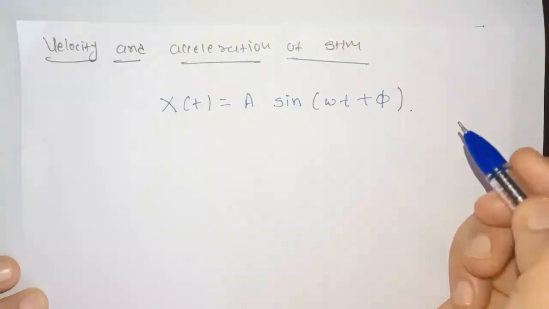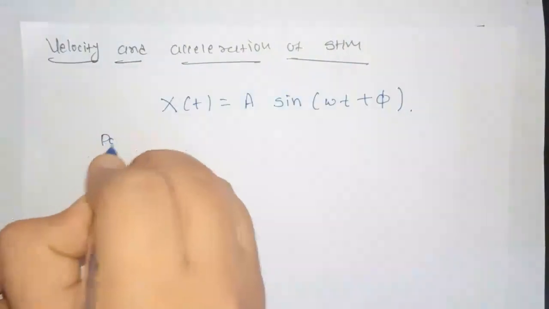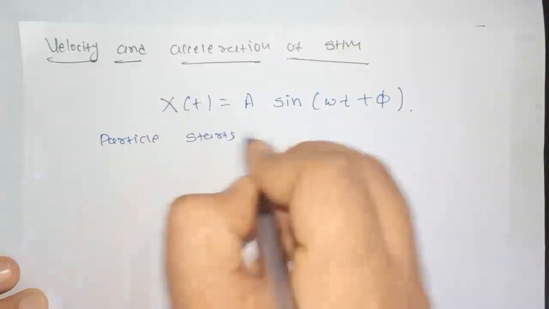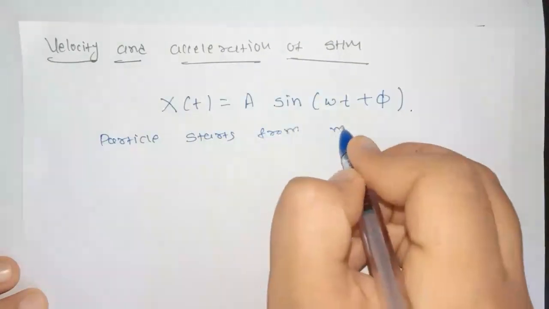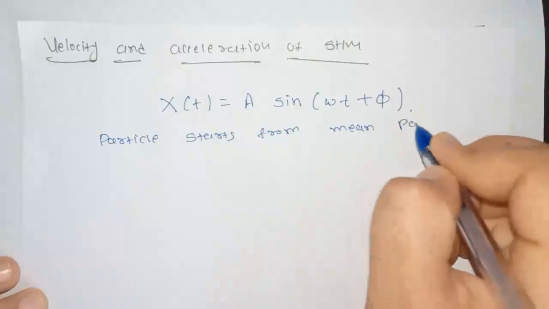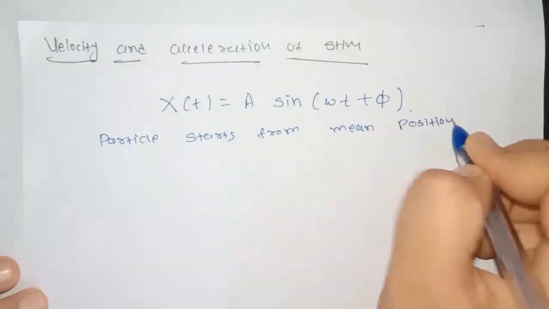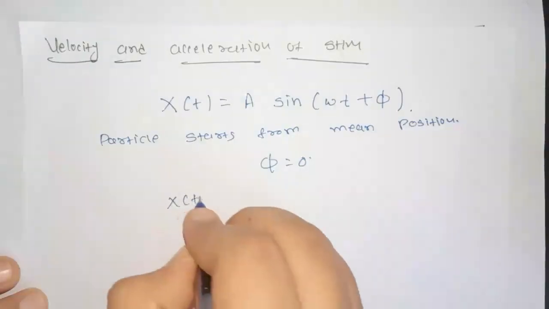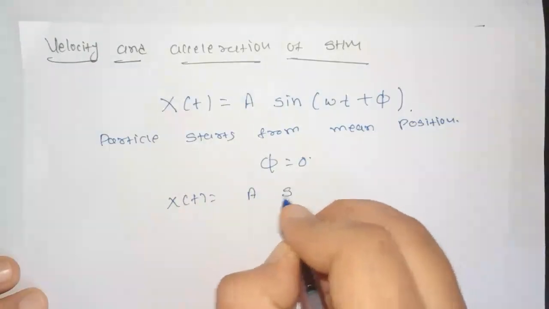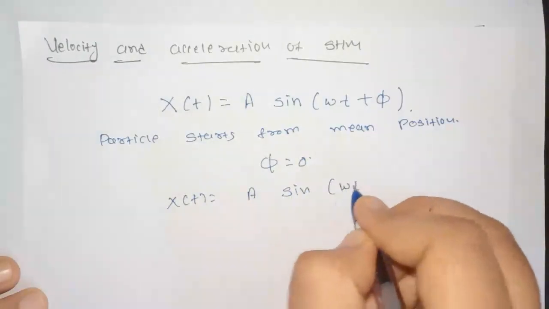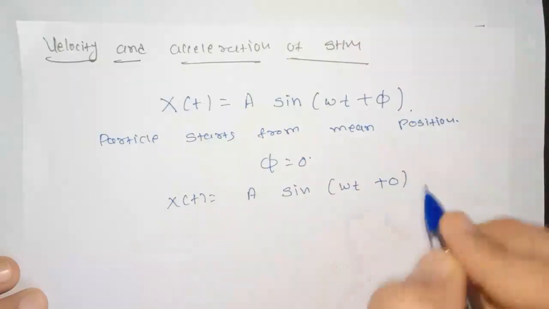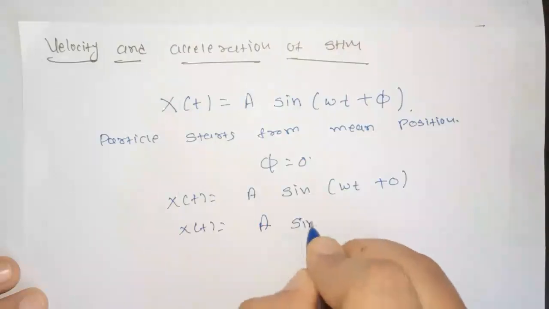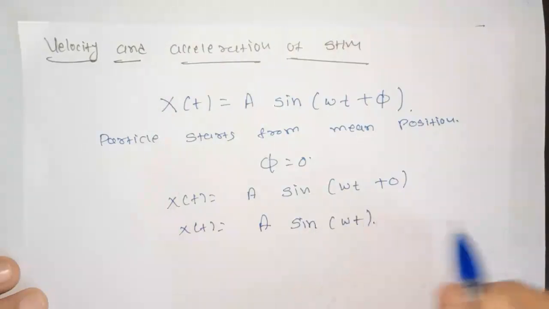Here for simplicity we are taking that the particle starts from mean position, so its initial phase will be equal to 0. So x of t will be equal to A sine of omega t plus 0, that will be equal to A sine of omega t.